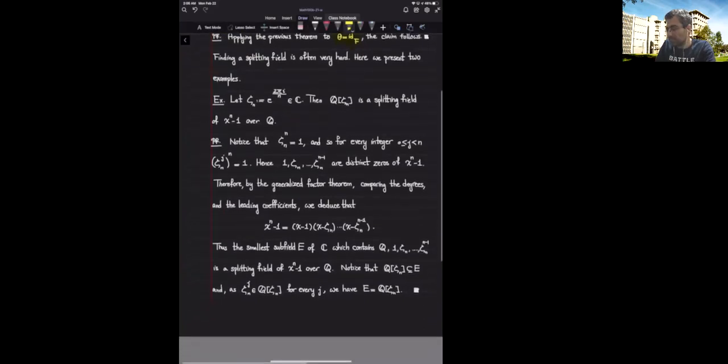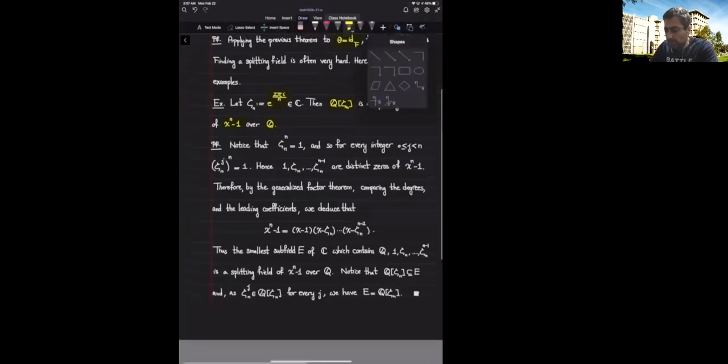So for instance, one example is the binomial x to the n minus 1, and this time we want to understand its splitting field over the base field Q. The claim is that this splitting field can be generated by a single element, and that is the nth root of unity, zeta sub n. So zeta sub n is e to the power 2 pi i over n. This is one of the nth roots of unity.